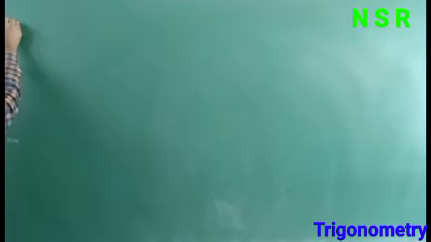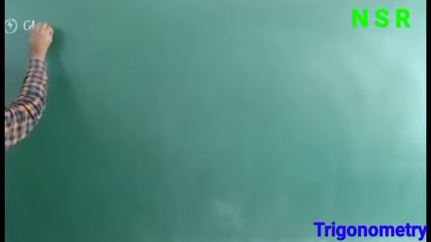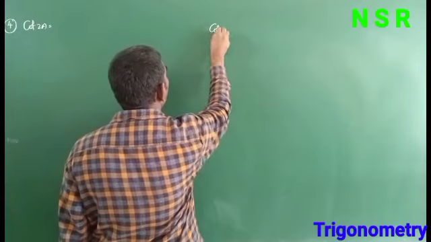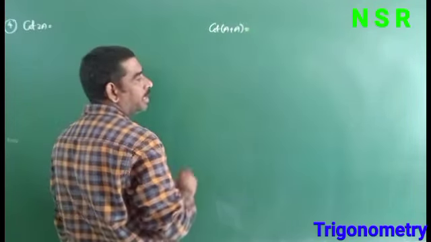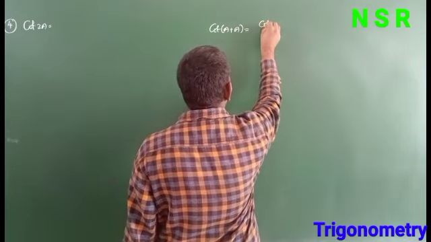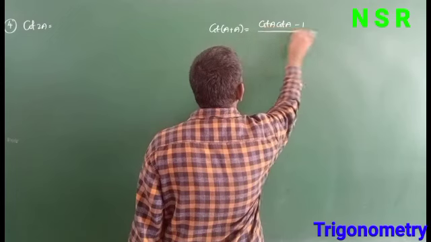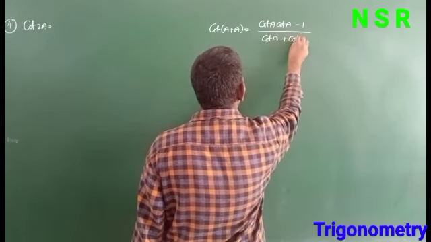So next, the fourth one, cot 2a. To get the cot 2a value, write cot of a plus a. So apply the cot a plus b formula: cot a cot b minus 1 by cot b plus cot a.